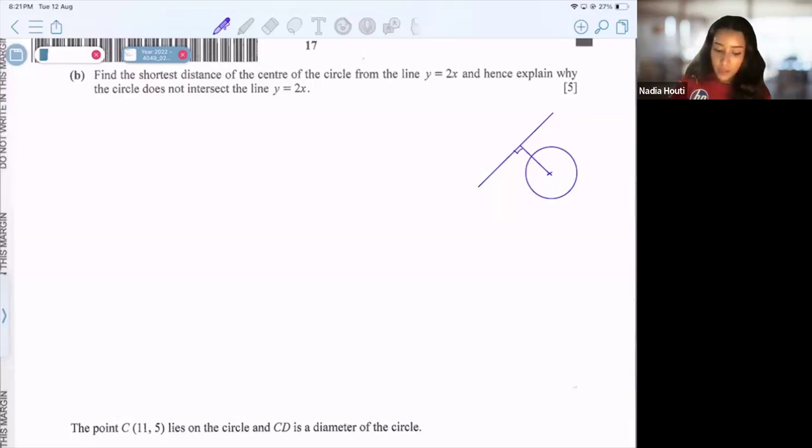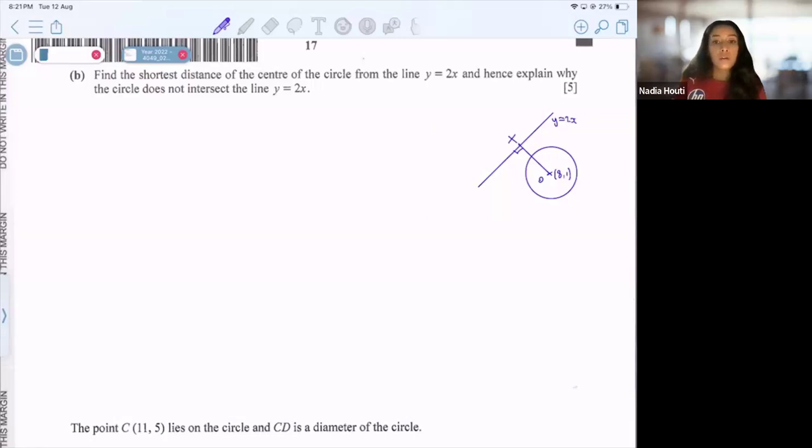We know the center, let's call it O, is (8, 1), the coordinates from the previous part. We don't know the coordinates at this point, let's call it X. But we know this is the graph y equals 2x.